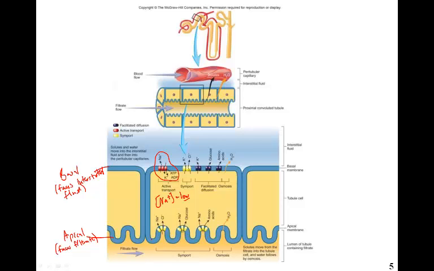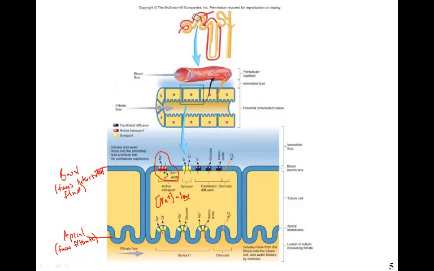This is a transport protein that burns ATP to transport sodium out, potassium in. So it's pulling sodium out of the cell using ATP. This is active transport, pulling sodium out, keeping the sodium concentration inside the cell low.